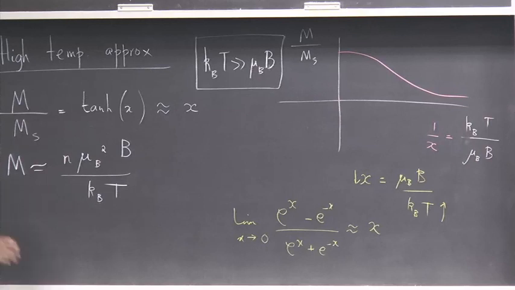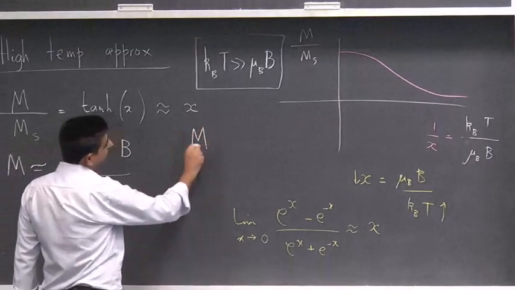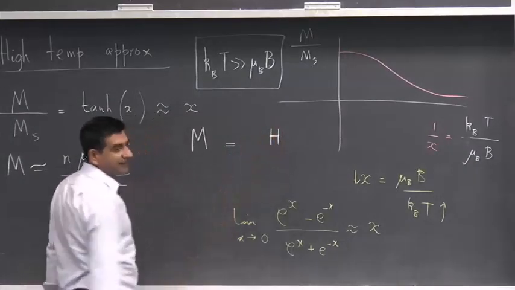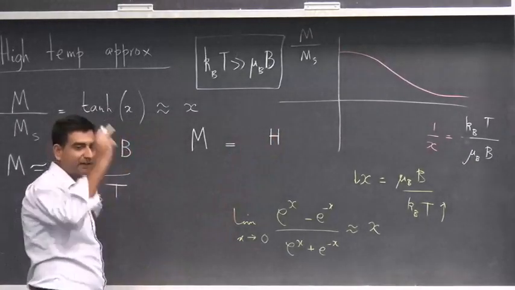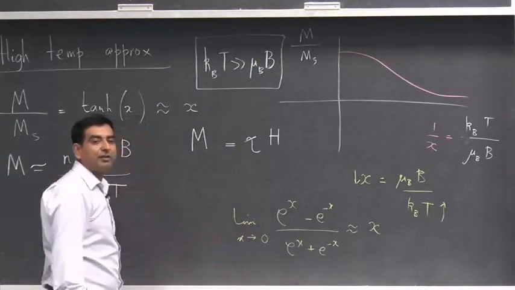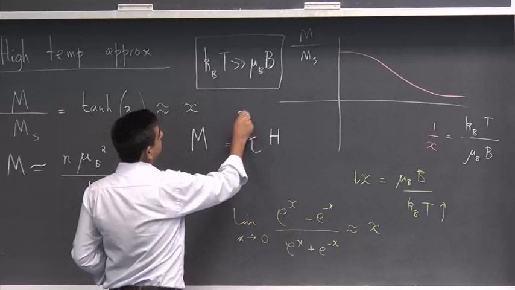Now if this material is linear, then the magnetization is given by the magnetic field intensity H, which you learn from electromagnetism. I'm not going to describe this, and a certain constant of proportionality is called chi. This is called the magnetic susceptibility.